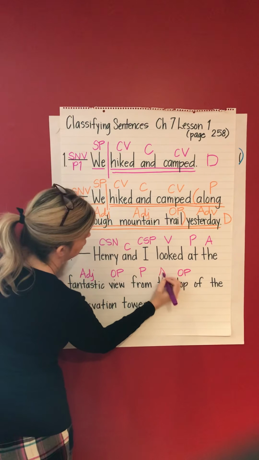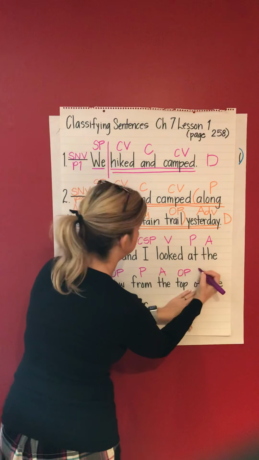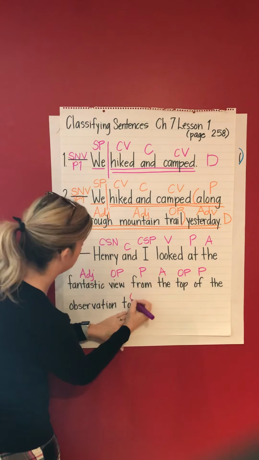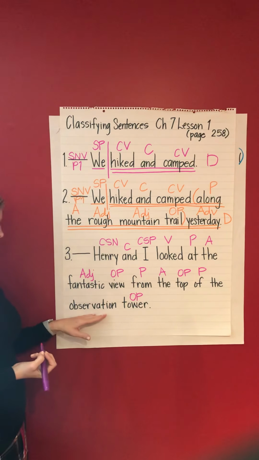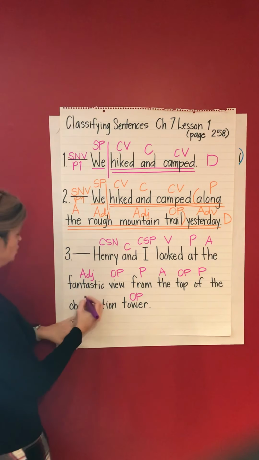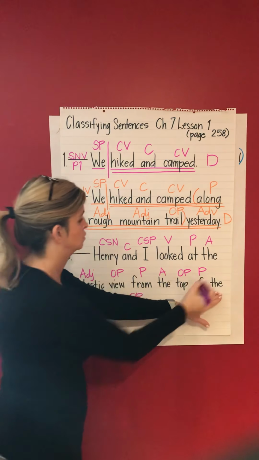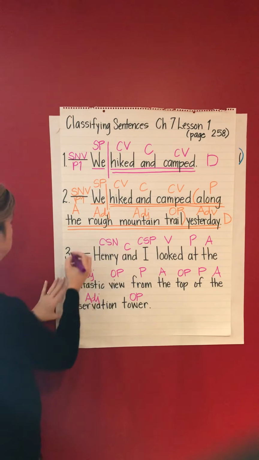The, article adjective. Of, preposition. Of what? Tower. Object of the preposition. Observation. That answers the question, what kind of tower? Observation. So it's an adjective. The, article adjective. Labeled all of our words.